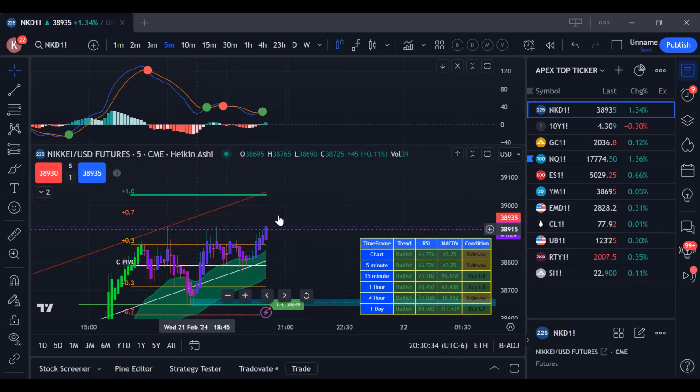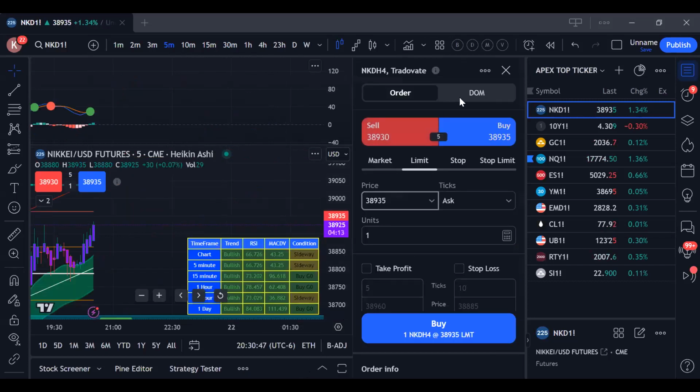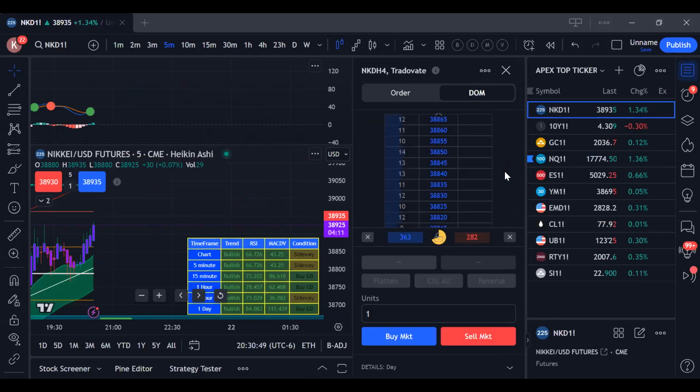You see now the resistance has gone away. That means there are more number of buyers. They broke the resistance. Right? Basically, there is a high possibility for the price to move up. So I can go trade. Now I can go here and click on this side. That means I am telling that I want to buy at this price.